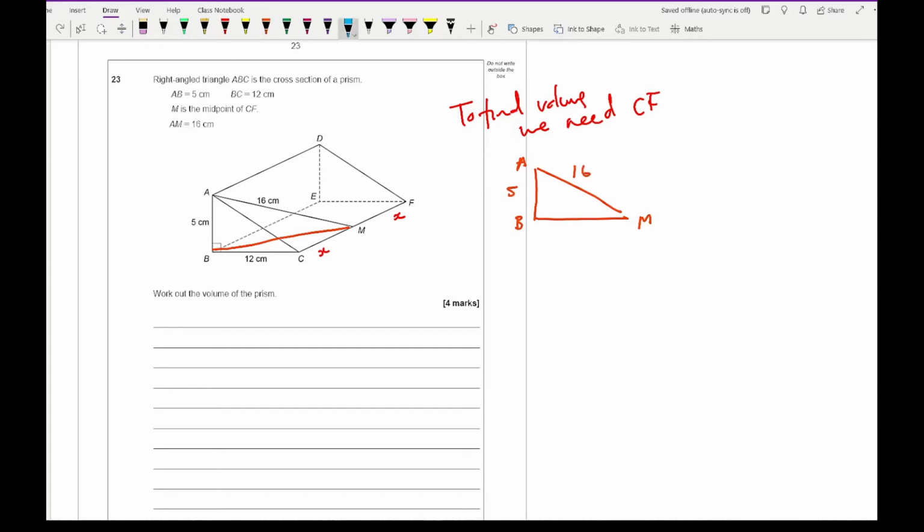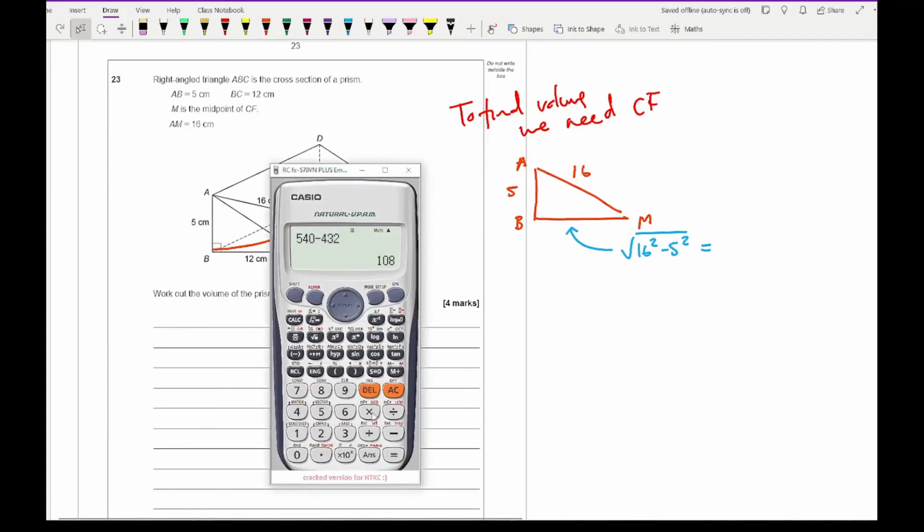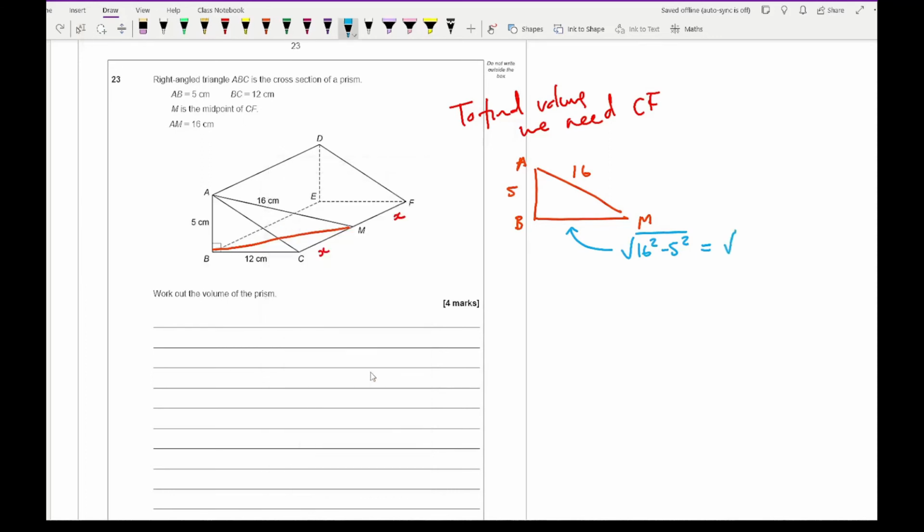So then using Pythagoras, this length here is going to be the square root of 16 squared minus 5 squared. And if I just quickly run that into my calculator, the square root of 16 squared minus 5 squared equals the square root of 231. Now I'm going to leave that as the square root of 231 because obviously it's not the nicest of numbers. So this length here is root 231.